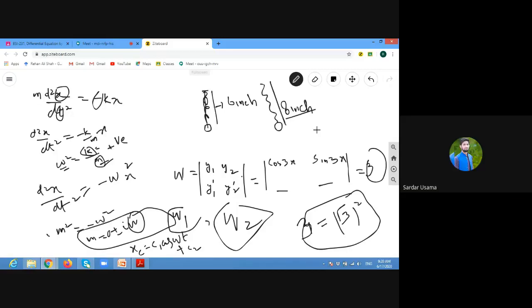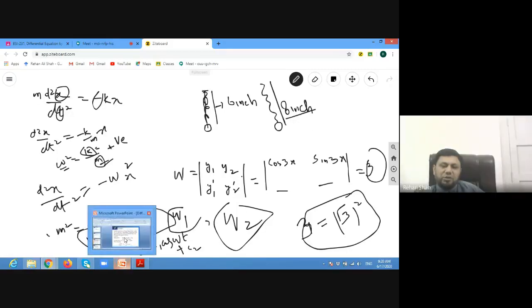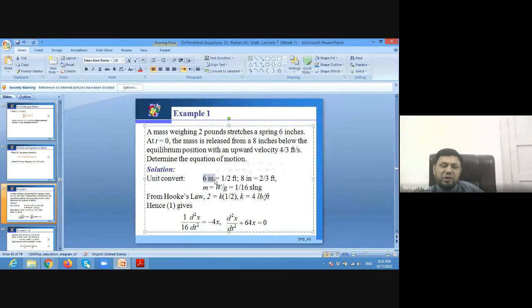Yes, sir. Okay. So what is 6 inch converted into feet? This will become 1 over 2. And 8 inch will become 2 over 3 feet. What is mass? Mass is actually, weight W is equal to mg. So m will become W by g. What is m? W is 2.